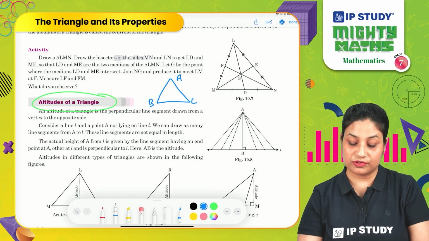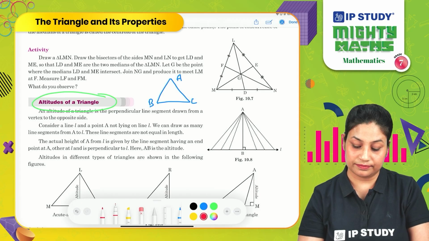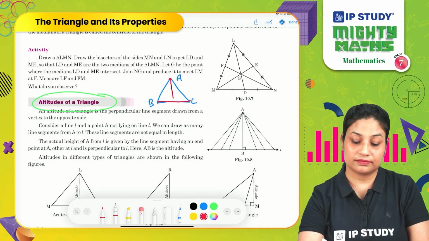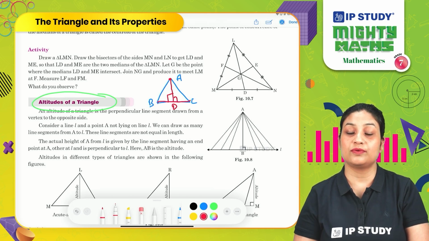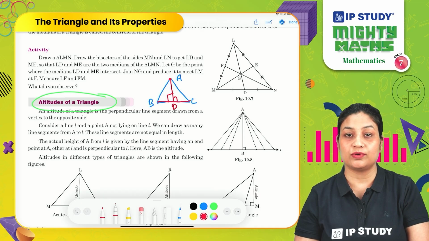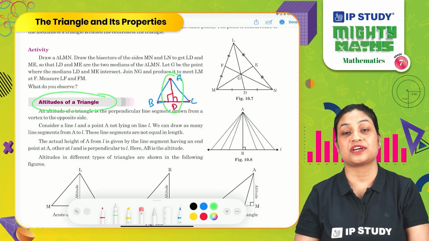Now, suppose I am drawing a line from A on the side BC in such a way that angle ADC and angle ADB are equal to 90 degrees. It means this AD is acting as a perpendicular on the side BC. We call this line an altitude of this triangle.